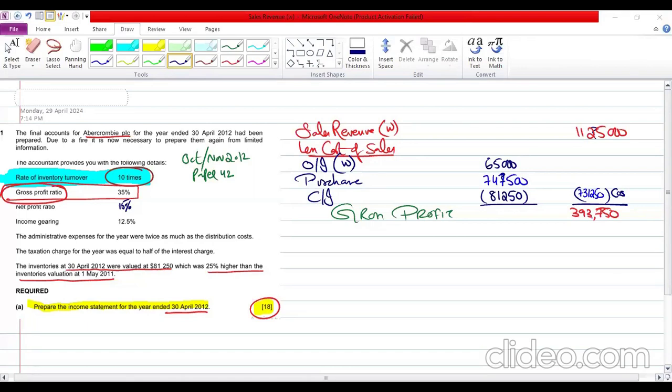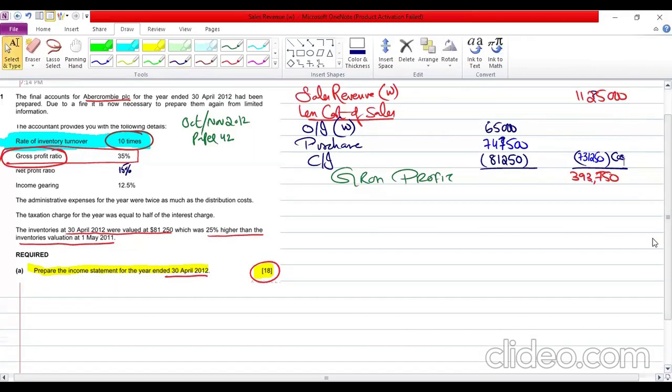Now, this is not the final answer. We don't need gross profit, we need the income statement. And we know the income statement of a company is going to have distribution cost and administrative expenses. The answer after deducting both of them is profit from operations.